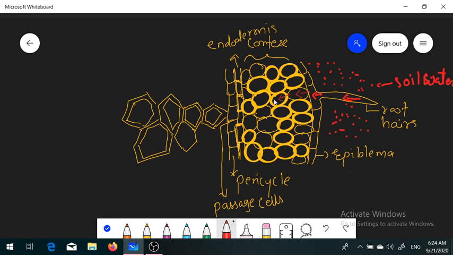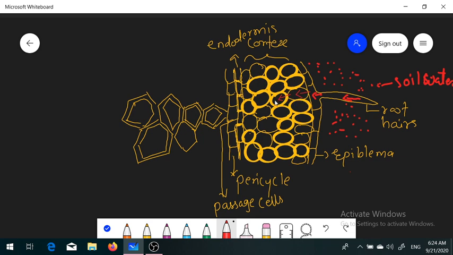That means this next cell has high DPD, high suction pressure or high osmotic pressure, and the cell which has absorbed the water has high turgor pressure, low osmotic pressure and low DPD.